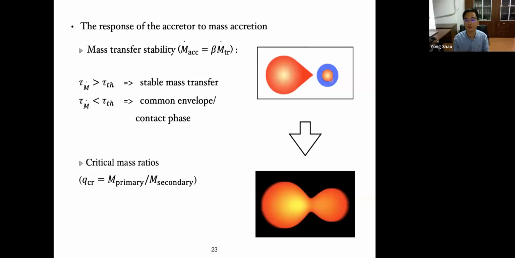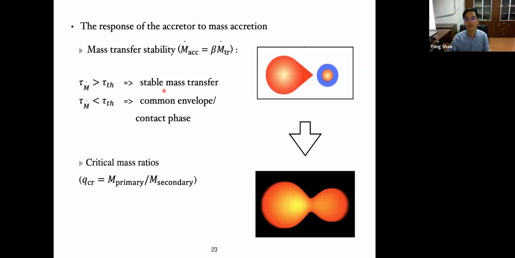So it may do some response. If the accretor accretes slowly, the mass accretion time scale is larger than the thermal time scale of the accretor. So the mass transfer can happen stably.